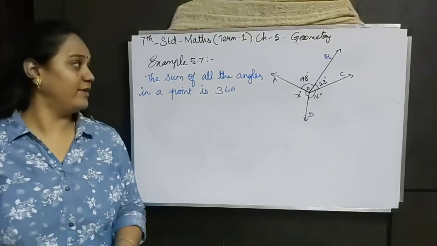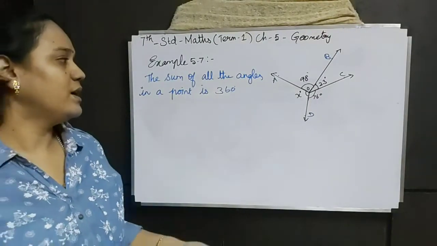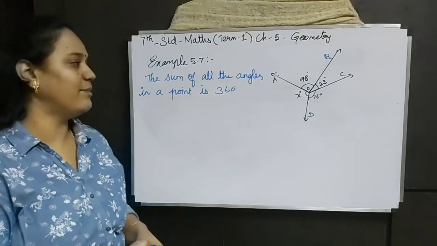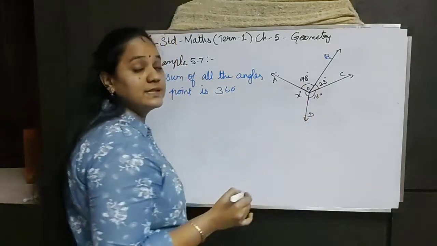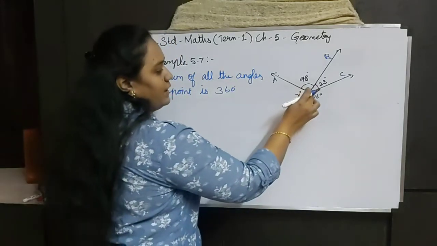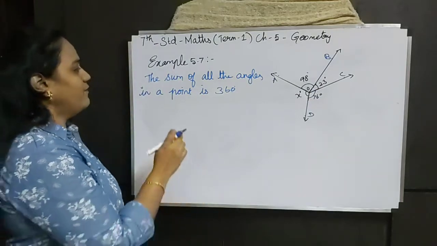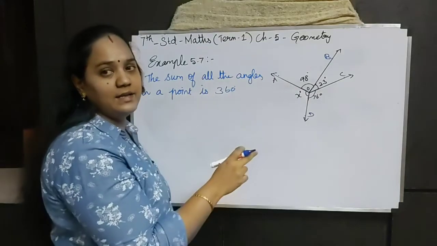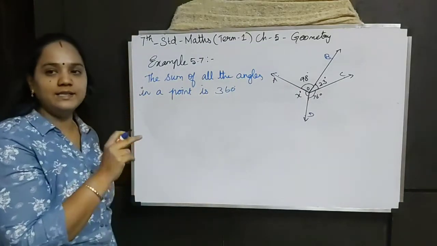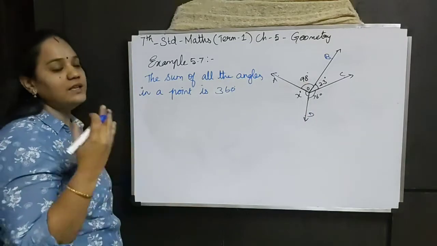Example 5.7. Here, find the value of x is your question. Already we learned the property that the sum of the angles at a point is 360 degrees, right? Here it is a point and we have so many angles around it. So I am going to add all the angles and say that it is 360 degrees.